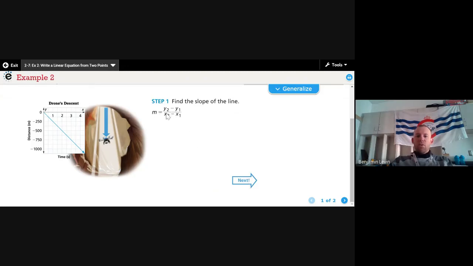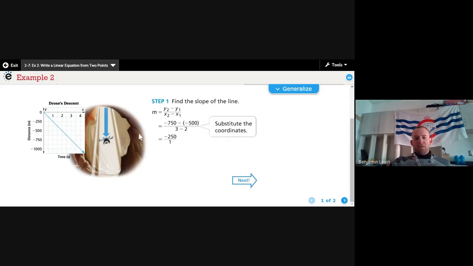Right? They're going to use the y2 minus y1 method. So again, y2 is negative 250, y1 is 0. So negative 250 minus 0 is negative 250. x2 minus x1, 1 minus 0 is 1. All right, they used different points than I did. They used this point and this point to get there, right?